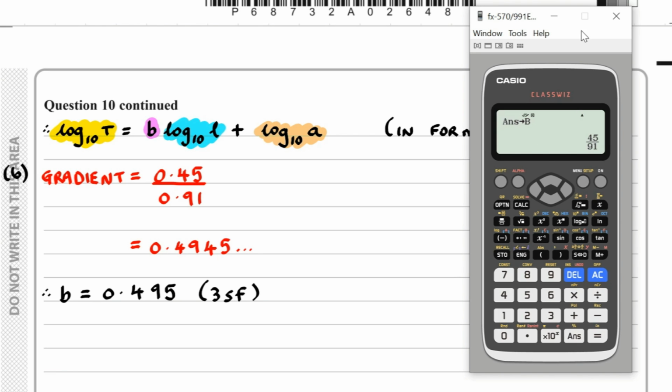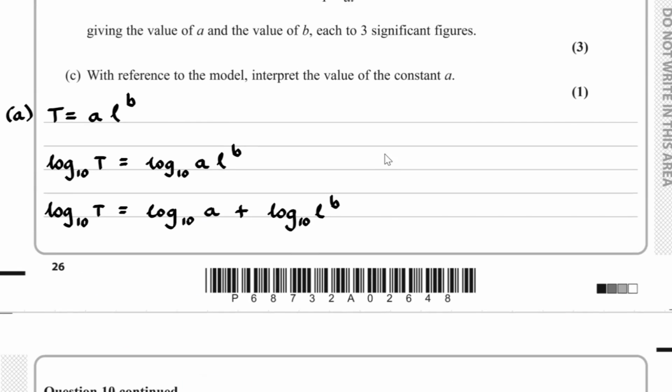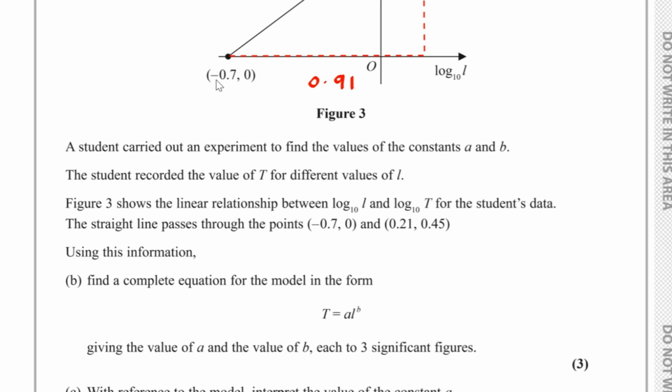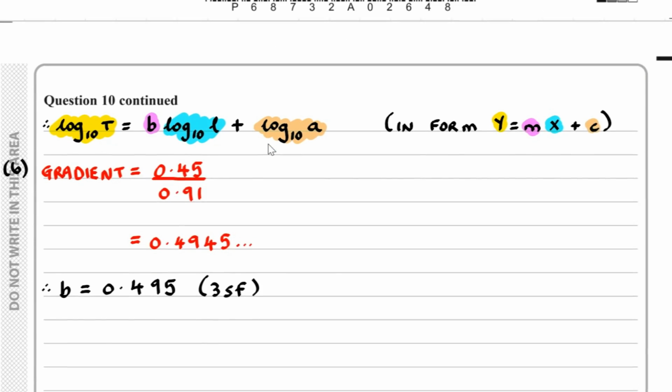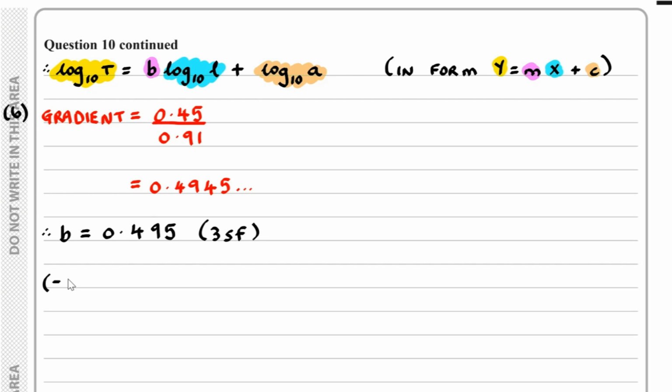Store this into b. We now need to find out the value of a, and we can do that by substituting this point here, minus 0.7 and 0. So if I substitute in the point minus 0.7, 0, we've got log base 10 of t, which is 0. This is equal to b, 0.4945, etc. Use the unrounded values. So let's just clarify this.